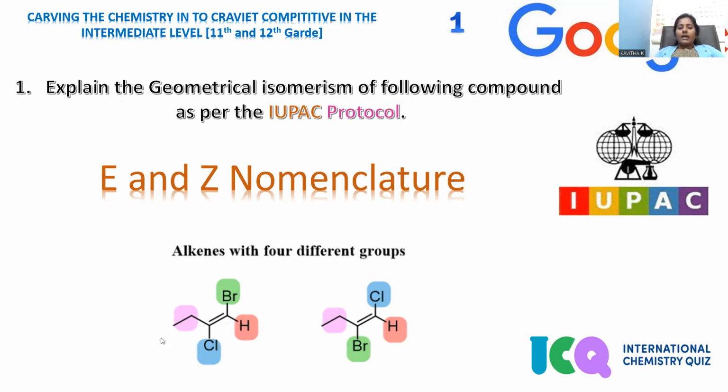Here ethyl, chloro, bromo, hydrogen are the functional groups, which are denoted with four different colored boxes. Here also you can find these four colored boxes indicating four different functional groups. Especially, E-Z nomenclature is applicable to double bonded compounds which are occupied by four different groups in their vicinity.